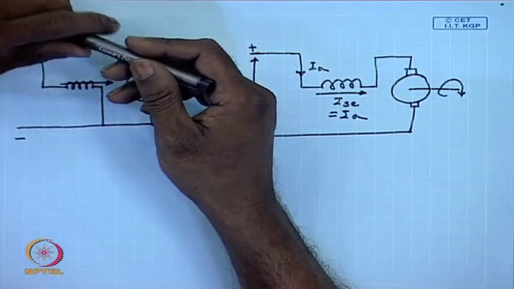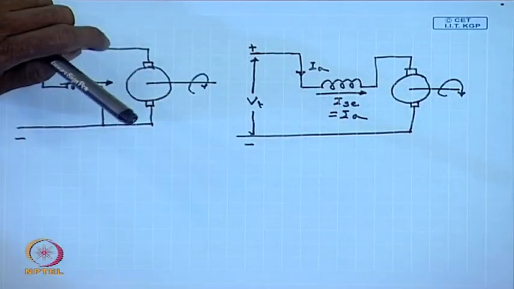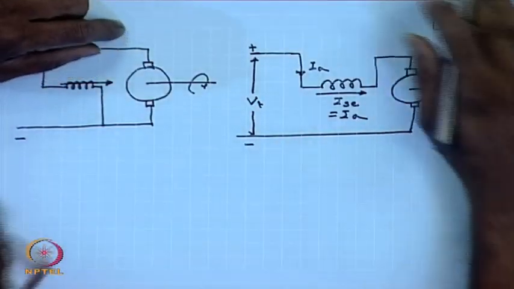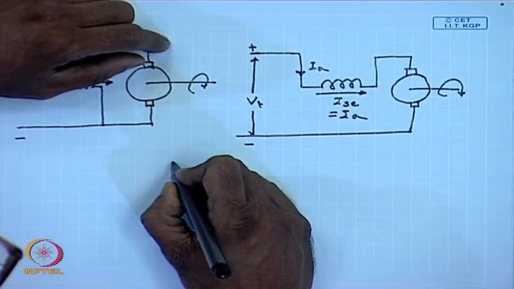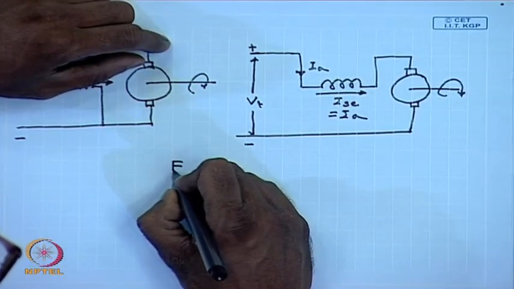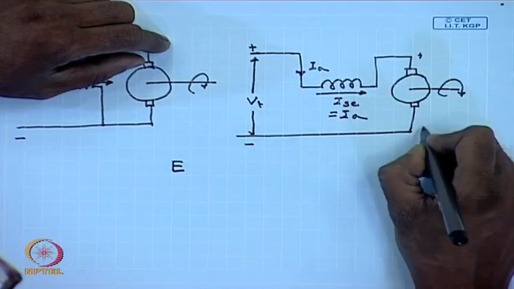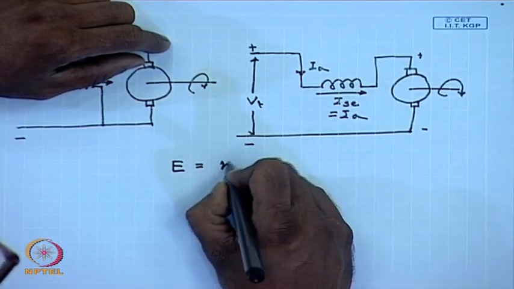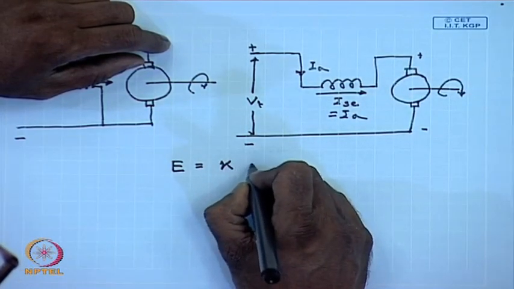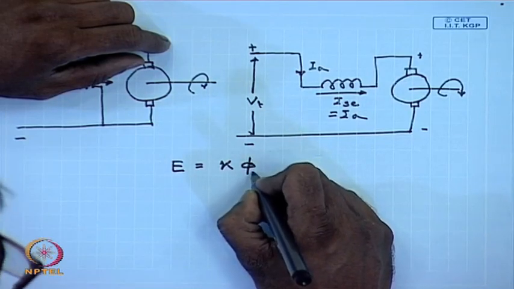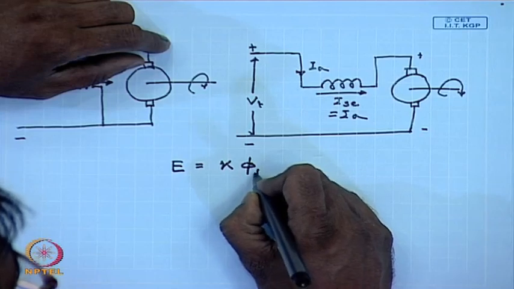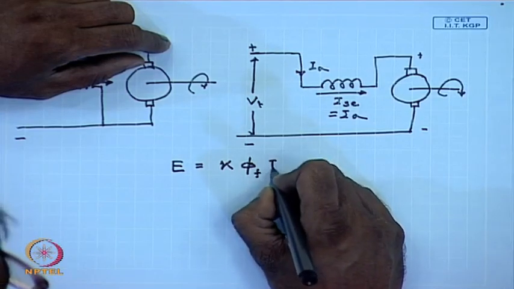Whether the excitation is obtained from a shunt field or from a series field, the basic equation of a DC machine holds, that is the induced voltage E across the brushes is given by back EMF constant K into phi, the field flux, into armature current.